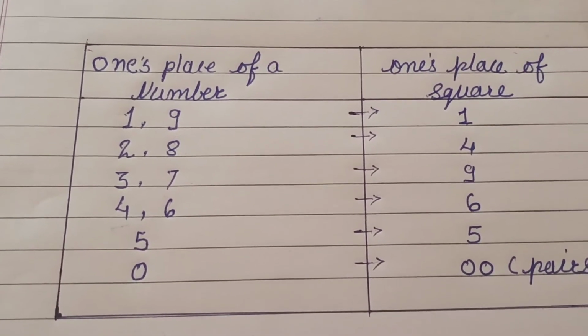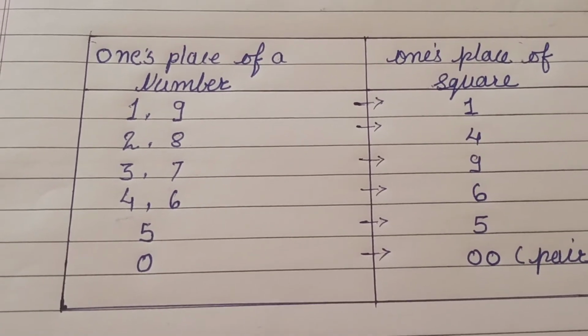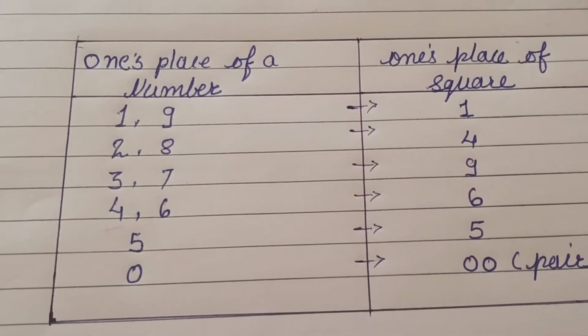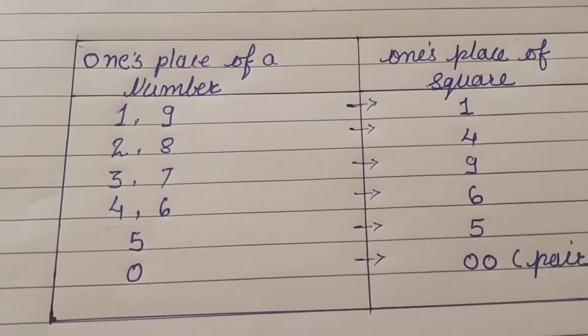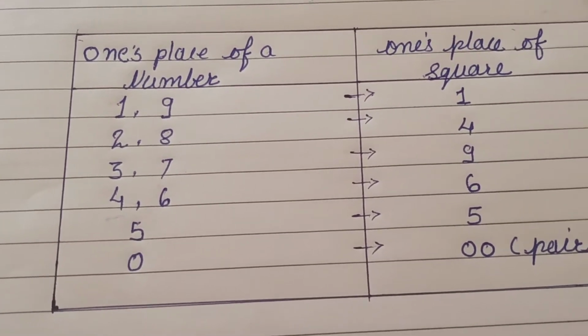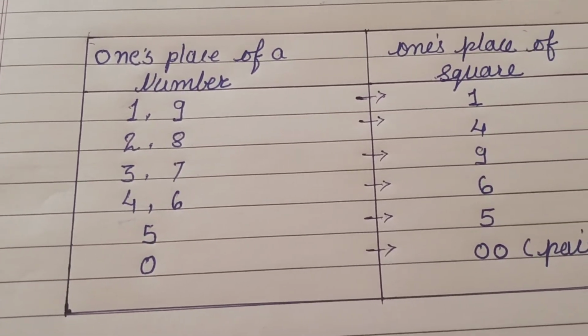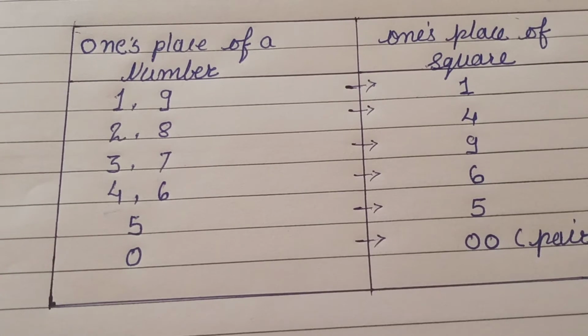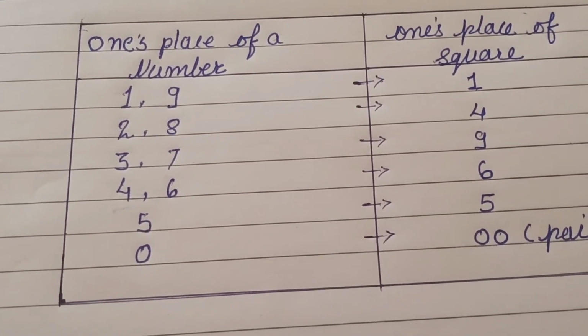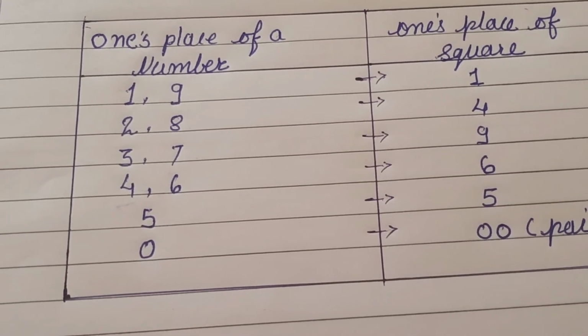Okay, so here I have written the same thing in tabular form. Here is the ones place of a number and the ones place of its square. If a number has 1 or 9 at its ones place, its square has 1 at its ones place. If a number has 2 or 8 at its ones place, its square will have 4 at its ones place. If a number has 3 or 7 at its ones place, its square will have 9 at its ones place.